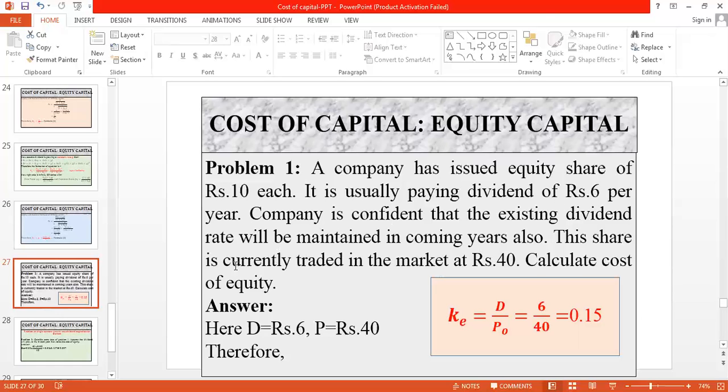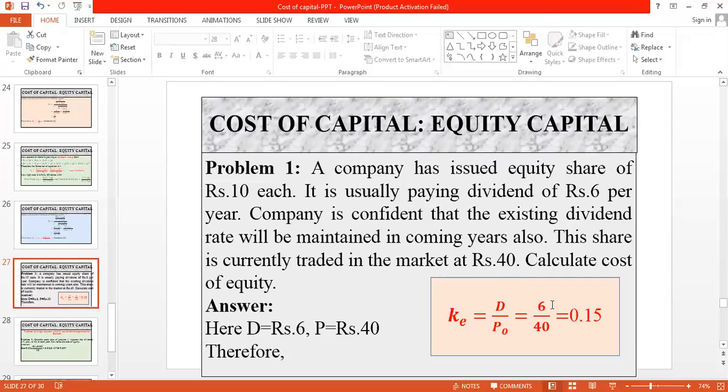After this, the share is currently traded in the market at rupees 40. So your P0 is rupees 40. This is the current market price of the share. Therefore, as per our first formula, where dividend is constant, Ke was equal to current dividend rate D divided by P0, that means current market price of the share.